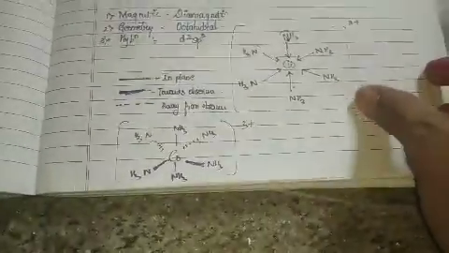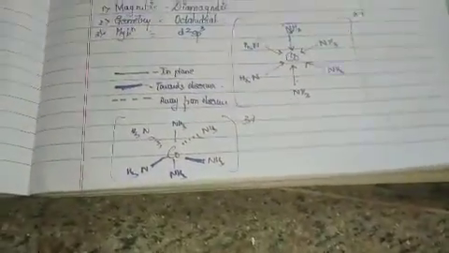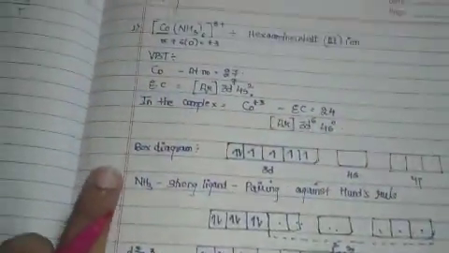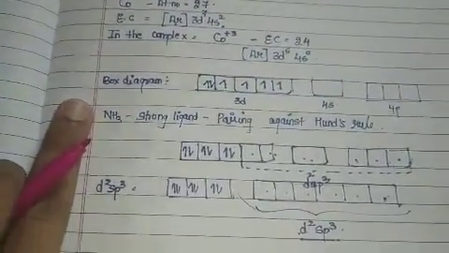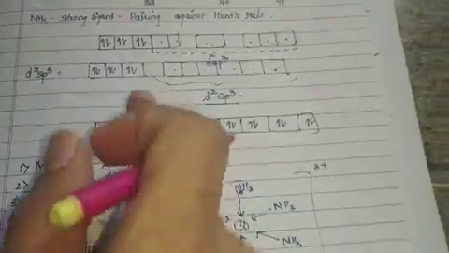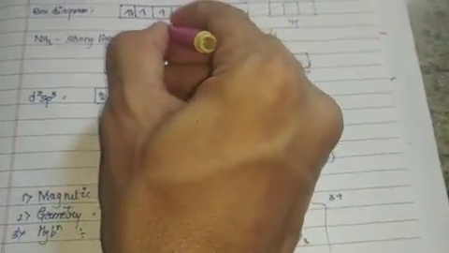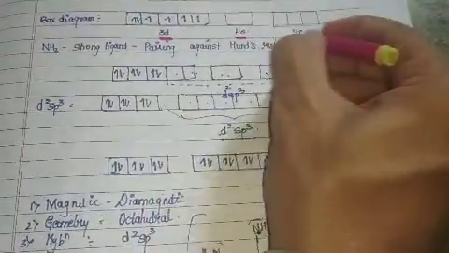Is that clear? But now with respect to both the examples, I want to define what we mean by inner orbital and outer orbital complexes. So basically in [Co(NH3)6]3+, you can notice that in the hybridization it has taken 3d, 4s and 4p.